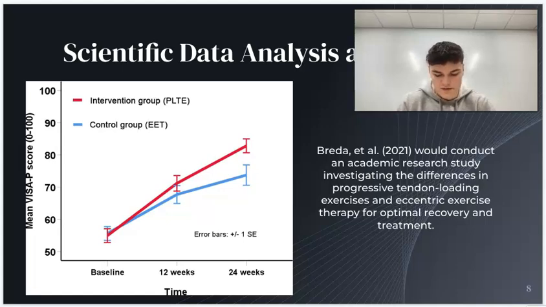The PTLE group also showed a higher rate of return to sports once therapeutic exercises were done in this manner.